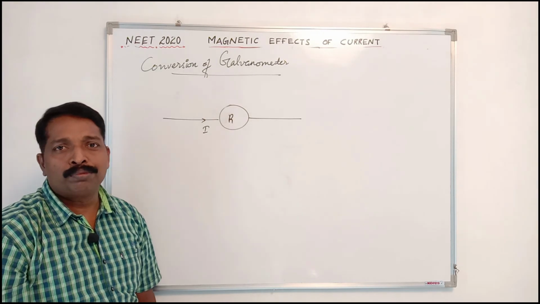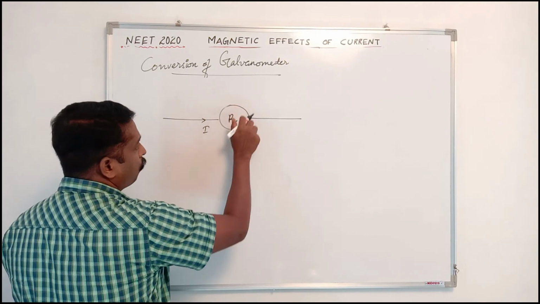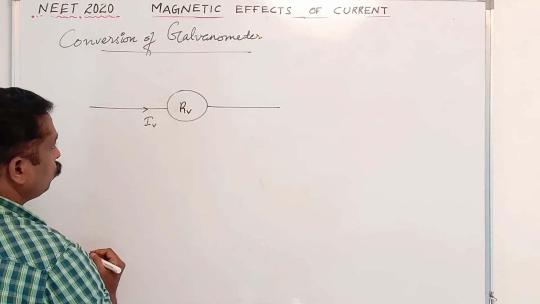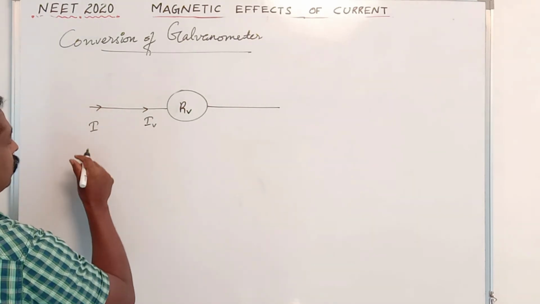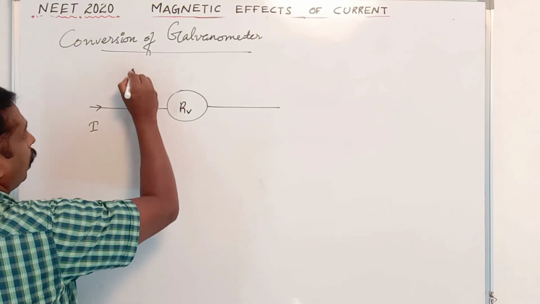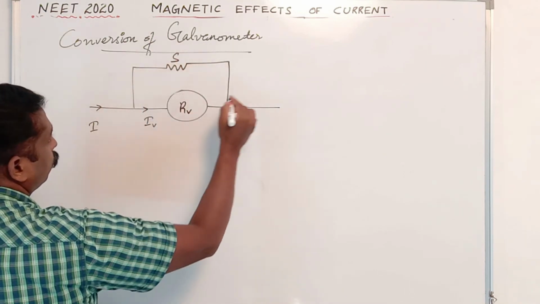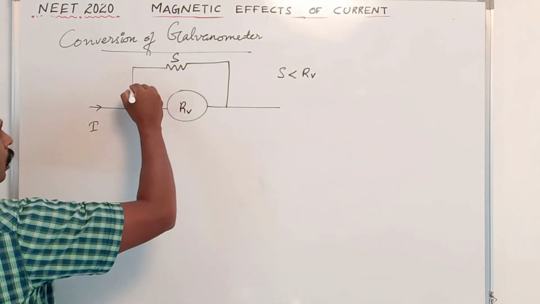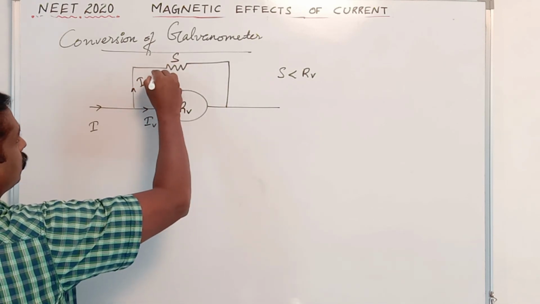Next, conversion of voltmeter to ammeter. So this is the resistance Rv, voltmeter resistance Rv, in which Iv current flows. Then you have to convert it to measure an ammeter current of I. Then a parallel resistance S is connected here, where S is less than Rv. Then the current flowing through this parallel resistance is I minus Iv.